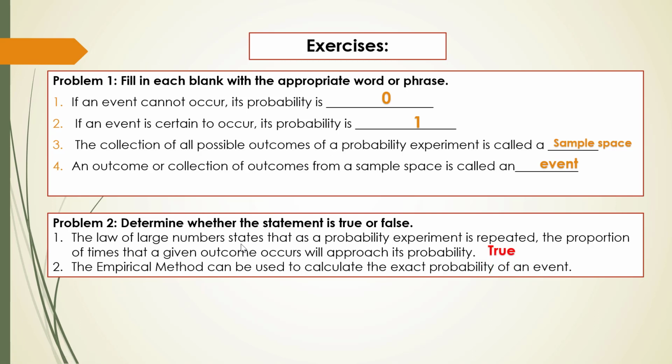Second, the empirical method can be used to calculate the exact probability of an event. This is wrong because we cannot calculate the exact probability of an event using the empirical method. This method is applied when we approximate the probability of an event when the number of experiments is sufficiently large, so not exact.